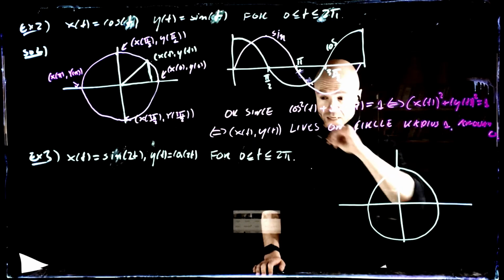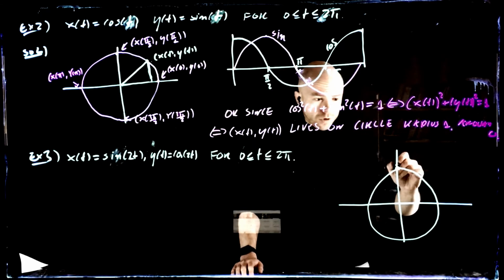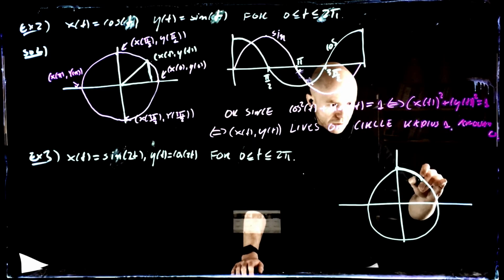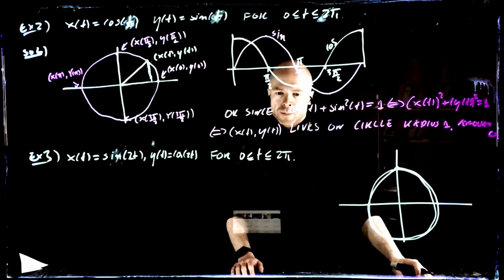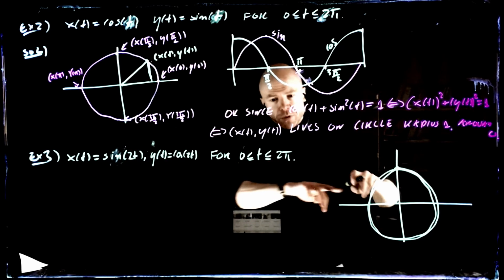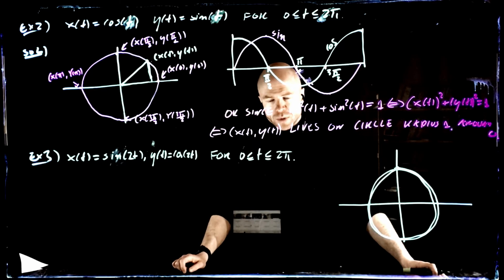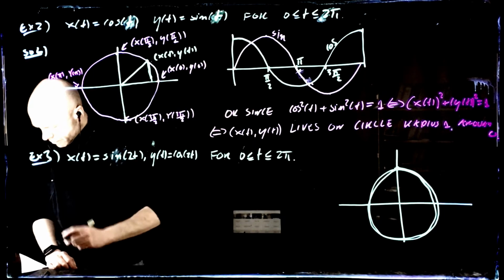And same as before, this thing is going to go around more than once. It's going to go around 2 times. But now it's going in the opposite direction as before. So this is yet another example of something which goes over the same set of points. It's still the unit circle, but it's doing it differently. Okay? Cool. All right.